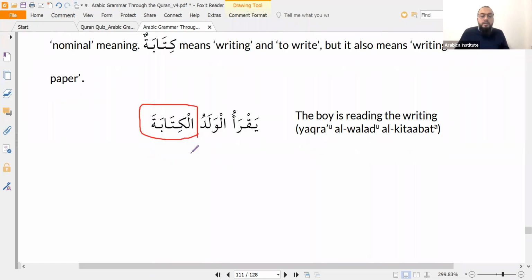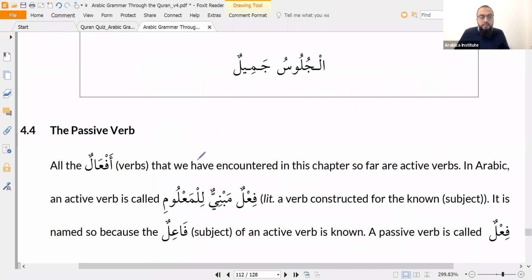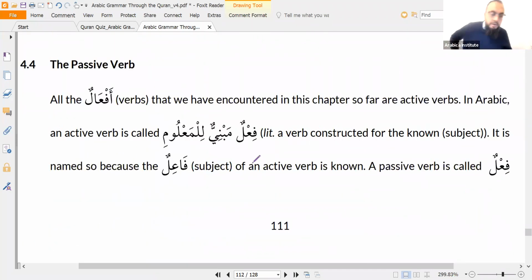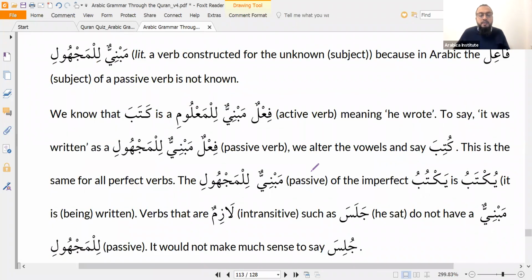All right. I've already explained this little box to you. The passive verb. All right, let's move through this quite quickly. The passive verb simply takes the active verb, and instead of saying he wrote, you remove the person who did the action and say it was written. Okay.